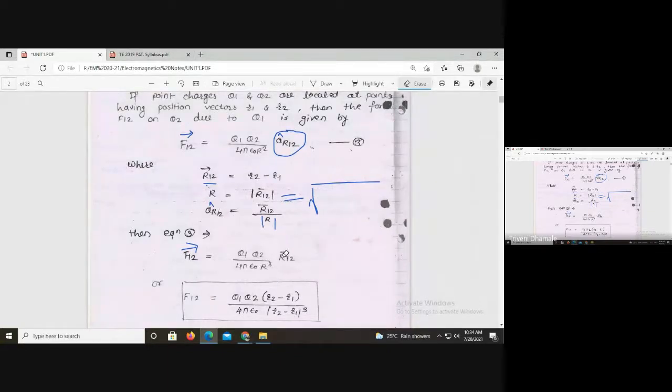So R2 minus R1: depending on the position of those 2 points, you have to write that vector here. And R cube means the magnitude of the vector R2 minus R1, whatever the magnitude, cubed.